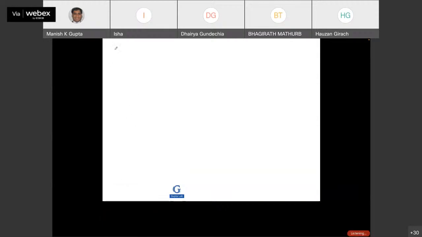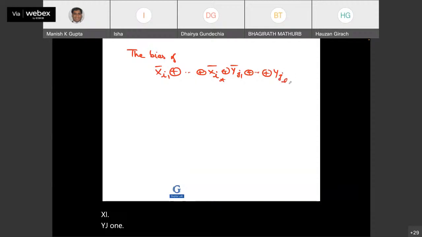One can compute the bias of a random variable of the form xi1 + ... + xip + yj1 + ... + yjl.